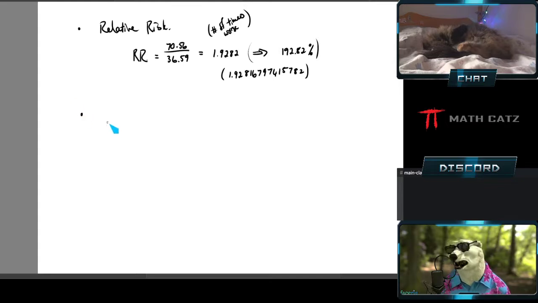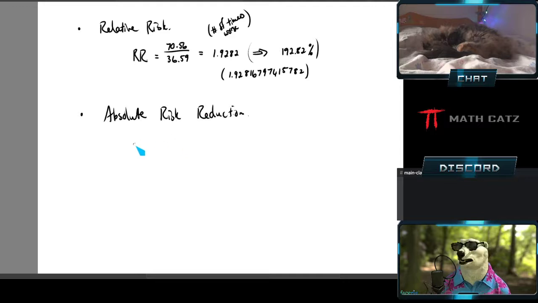Then, in order to talk about relative risk reduction, I have to talk about the absolute risk reduction first. Same as we did last time. It's the difference between percentages.